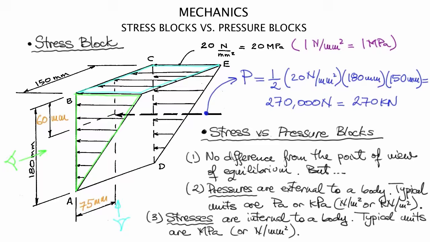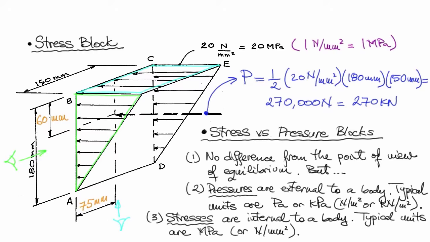Like, for example, in this example where the stress intensity was equal to 20 megapascals and not something like 20 million pascals. So that's it about the difference between stress blocks and pressure blocks.